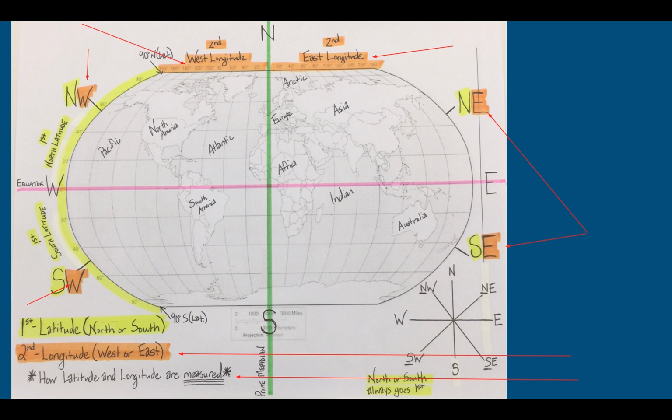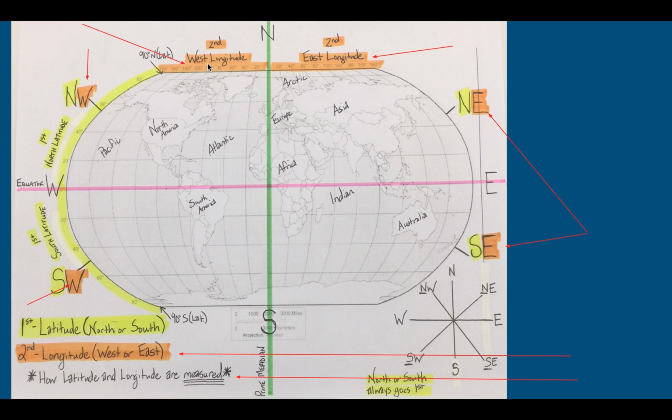Okay, so at this point now, we got to fill in a couple more side notes, and then we need to make some more highlights with our 4th color highlighter. So what I want everyone to do first, I want you to take a look at the very top of your map.